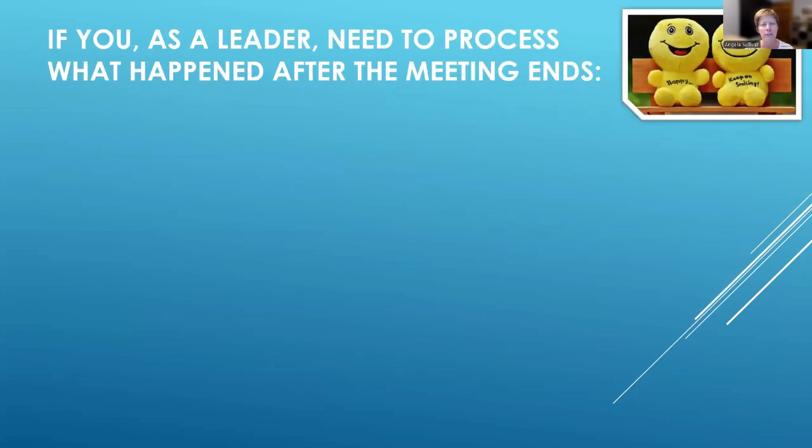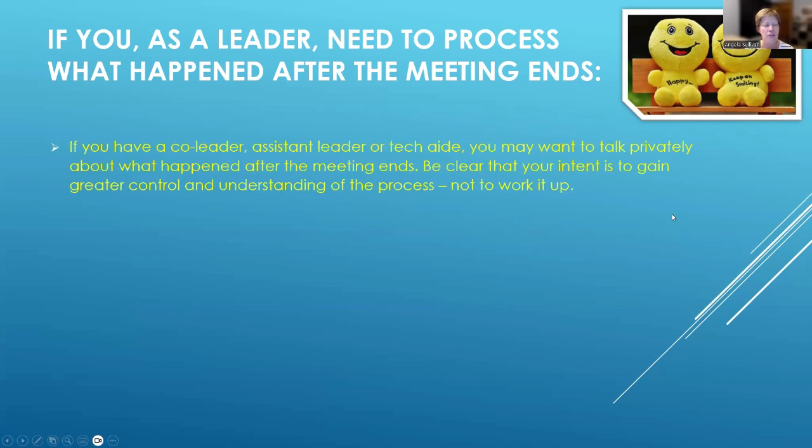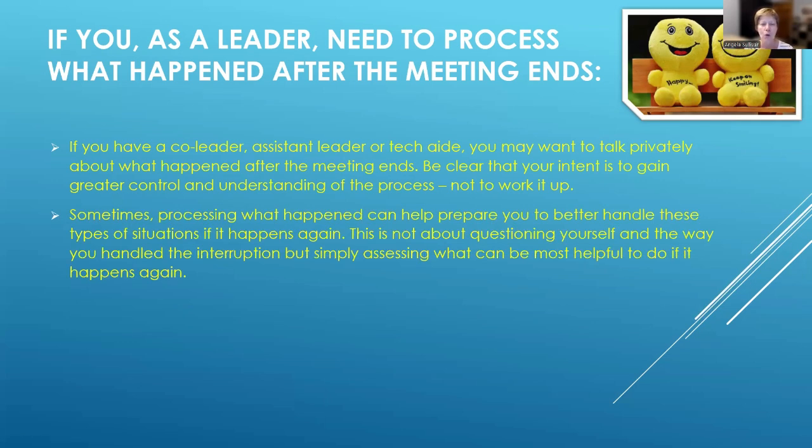So what happens now? So you're the leader of that meeting and you may need to process what happened. So recommendation here is to get your team together, your co-leader, your assistant leader, tech aide, whoever else helps you with that meeting, to talk privately about the issue, what happened. The intent here is to not work it up, but to better prepare yourself for a situation like this if it happens again.